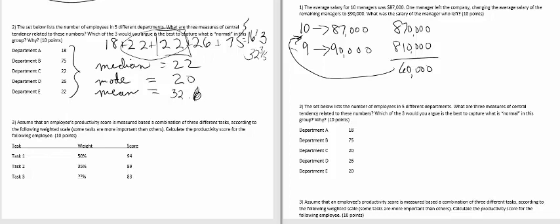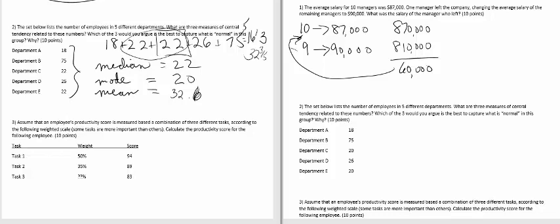Okay, so you have these three measures now. The question is, which of the three would you argue is the best to capture what is normal in this group, and why? Well, I actually didn't consider one as being more correct than the others. I wanted you to give me a reason why, and that was good enough for me.